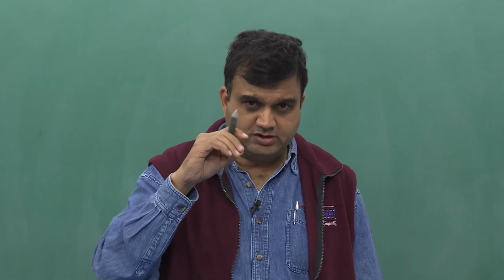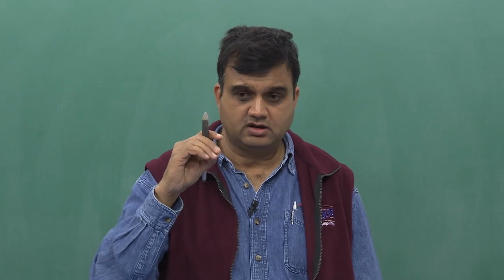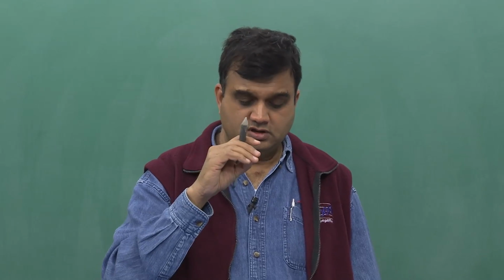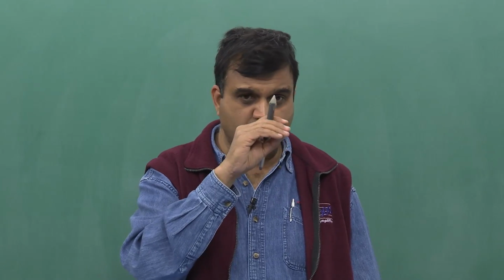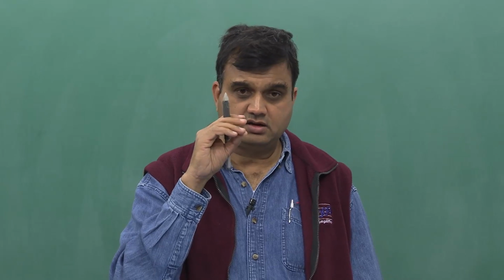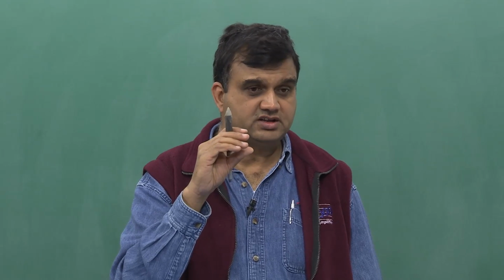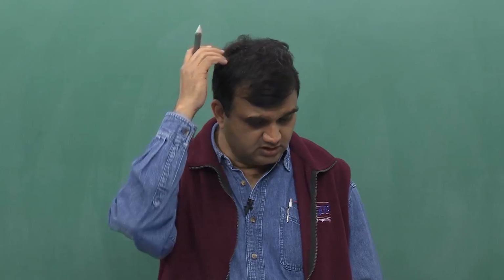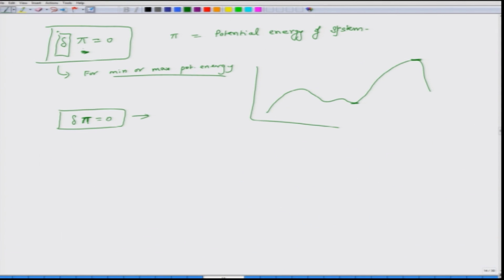By changing these U's by small amounts, right. So, whatever variations we take in U's, they will correspond to small changes in pi, and if those small changes are 0, then we will say that the system is in equilibrium. So, this is the condition.